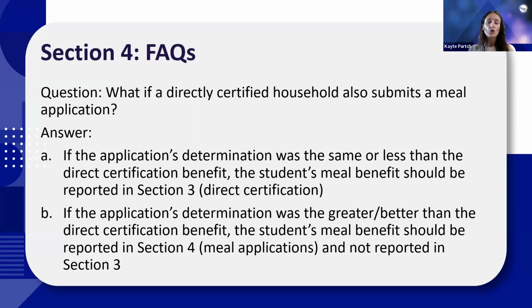You're always picking one or the other. You definitely want to make an effort to ensure that student values are not represented duplicatively or repeatedly between sections 3 and 4. There are definitely separate ways of determining meal benefits, and we want to make sure we don't count students twice.